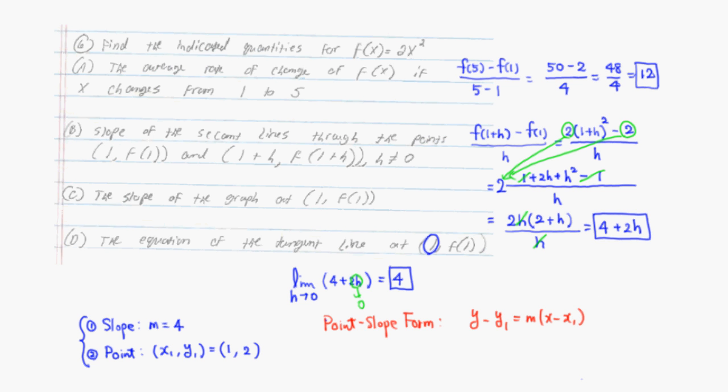So the answer is y minus 2, which is y1, equals the slope 4 times the quantity x minus 1. That's it. I hope that this was clear.